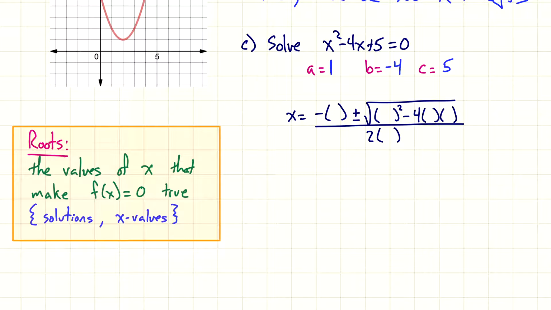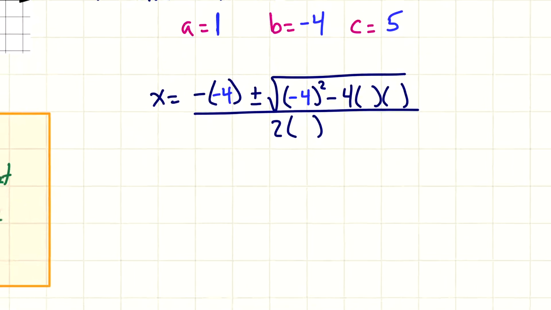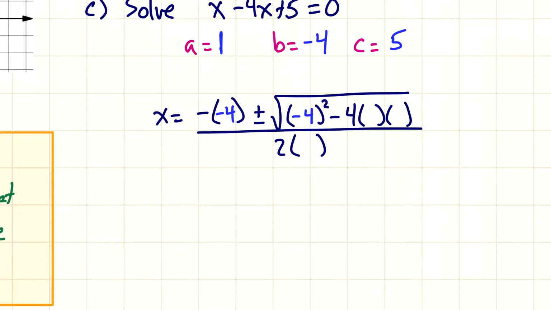What we're going to do, I'm going to zoom into this. I'm going to plug in my B value, -4. So it's negative B plus or minus the square root of B squared minus 4AC, over 2A. And we're going to plug in the numbers that we have: 1 and 5, and 1 at the bottom.